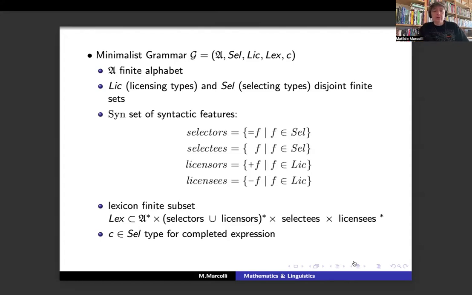And so the set of lexical items and features contains the lexicon, which are the strings in your alphabet, and also these selectee and licensor licensee symbols.